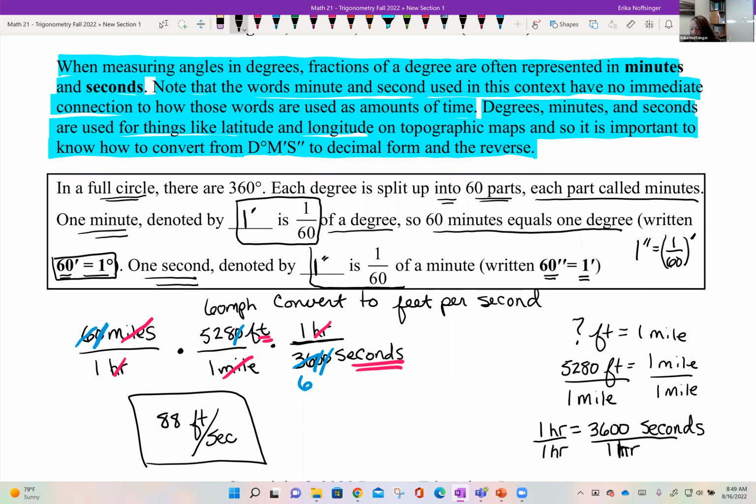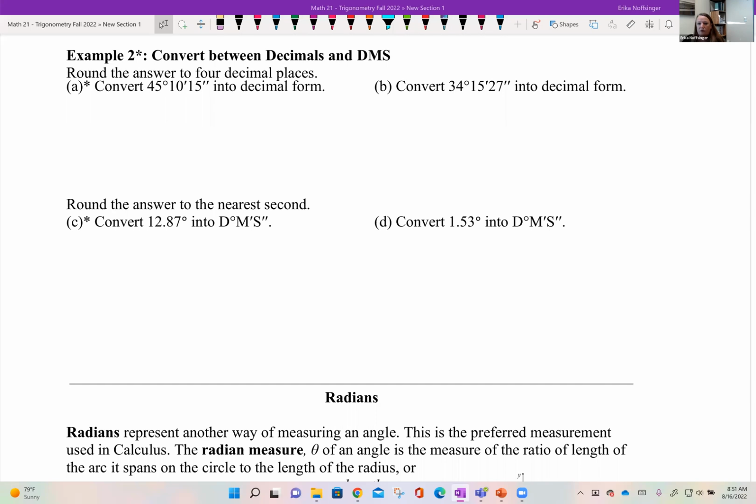But sometimes we want to convert that second just to degrees. To do that, 1 second is the same thing as 1 over 3,600 degrees. So let me make some room on my screen.